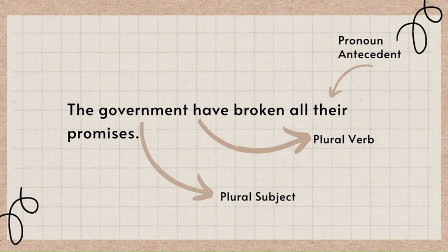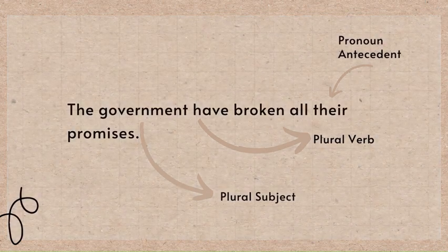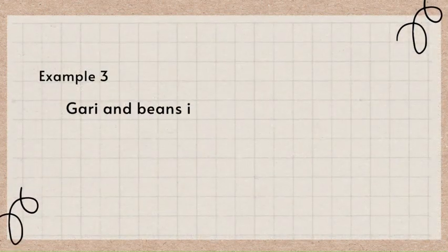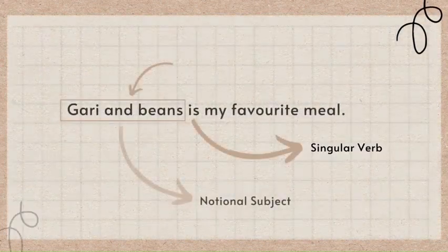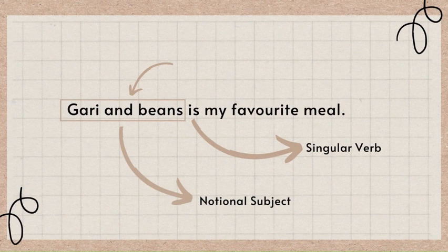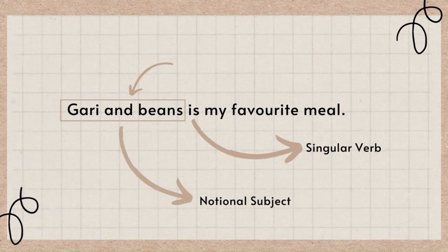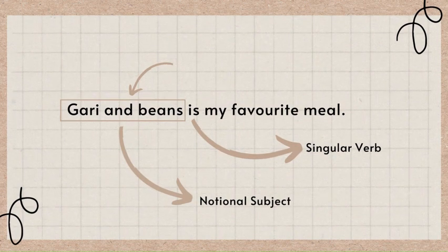Another example is garri and beans is my favorite meal. We are taking garri and beans notionally as one particular meal, which means it should go with a singular verb, which is.